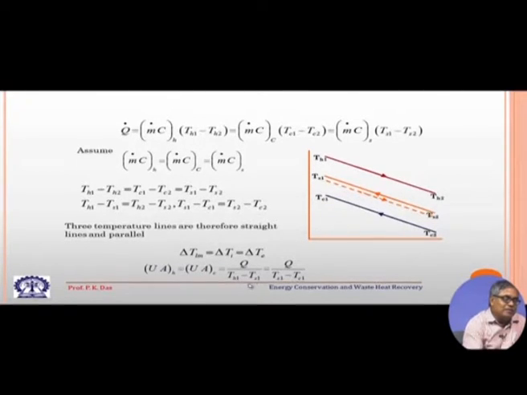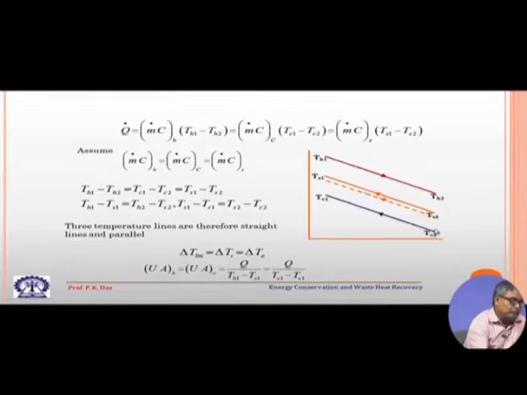And in this special case, where we have made a lot of simplified assumptions, TS1 will be in between TH1 and TC1. In between means midway between. So, one can tell that TH1 minus TS1 is equal to TS1 minus TC1. Similarly, TH2 minus TS2 is equal to TS2 minus TC2.